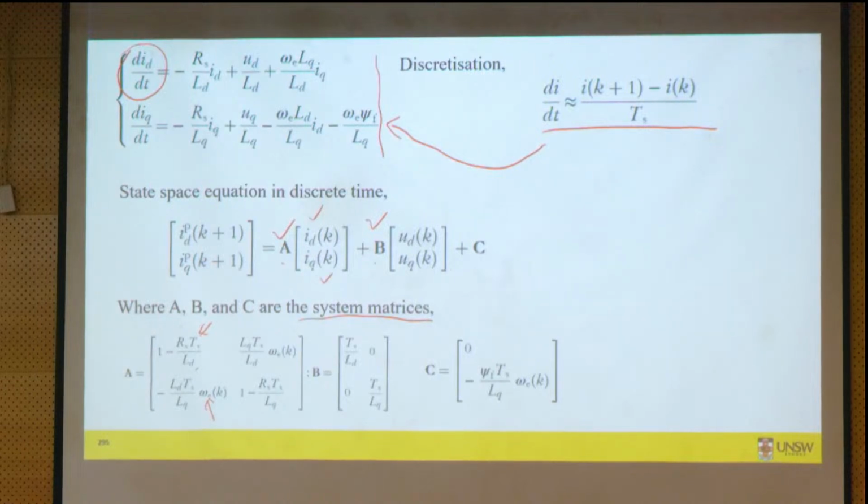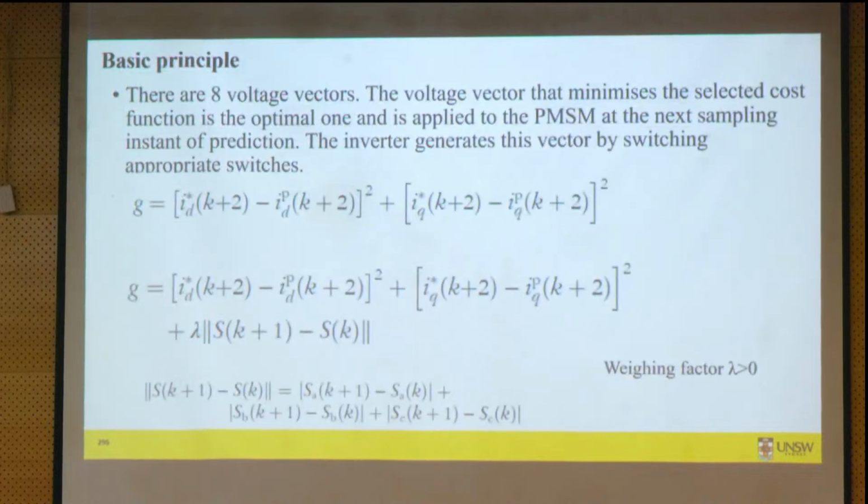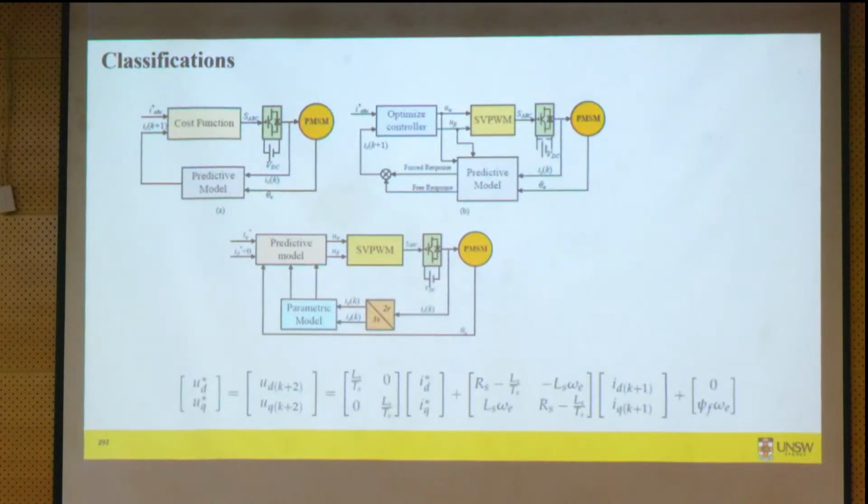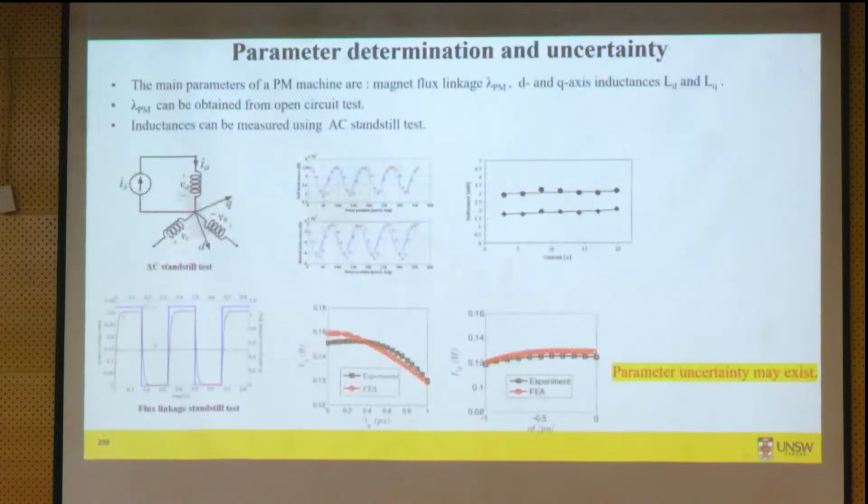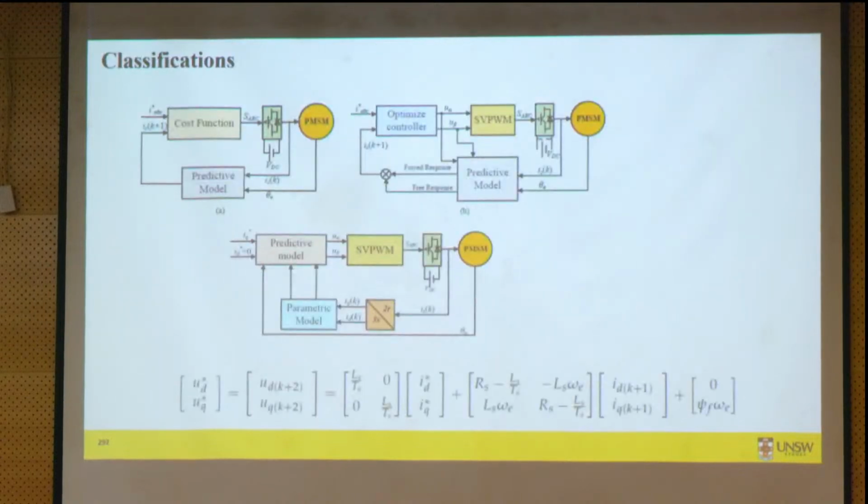How do you get these voltages? We also need the voltages UD and UQ at a certain instant. Here is where the deadbeat controller, or deadbeat concept, can come in. So using deadbeat, UD and UQ can also be calculated. Let me go back and see whether I have an equation.